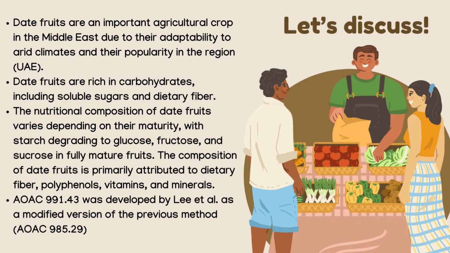So let's discuss. Date fruits, popular in the Middle East, are adaptable to arid climates and contain carbohydrates, soluble sugars, dietary fiber, polyphenols, vitamins and minerals, with the composition varying based on maturity, with starch degrading to glucose, fructose, and sucrose in fully mature fruits.